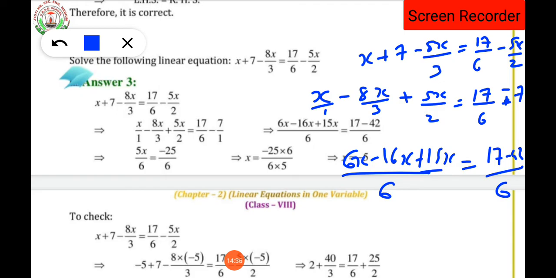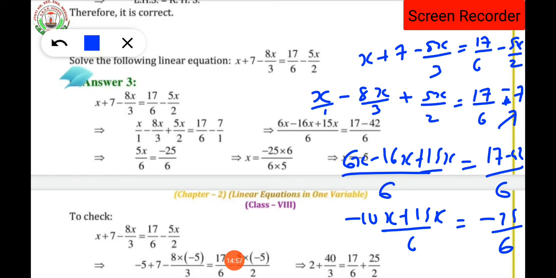Why is it so? Because here we had cross multiplied the term. Then after calculating the x term, 6x minus 16x will be minus 10x, plus 15x upon 6 is equals to 17 minus 42, which will become minus 25 upon 6.